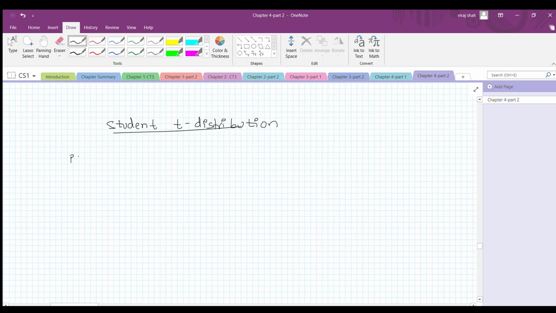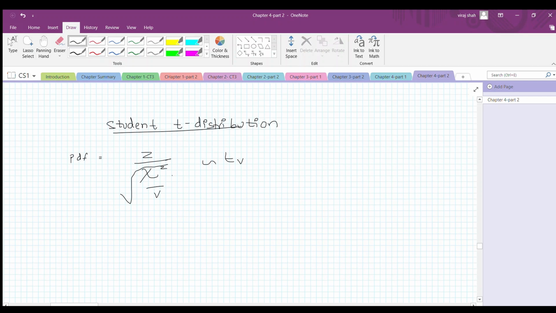The formula, or you can say this is nothing but Z upon the root of chi-square divided by V, which follows T_V.